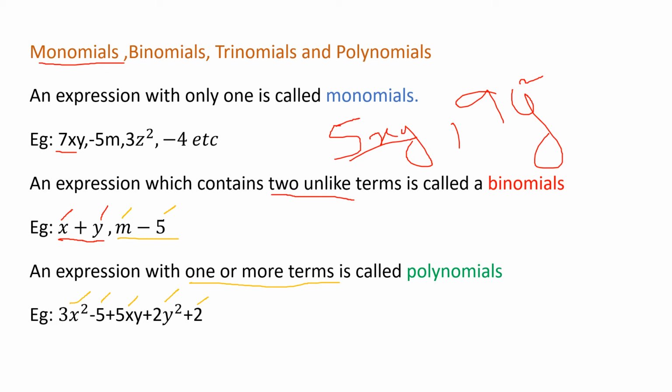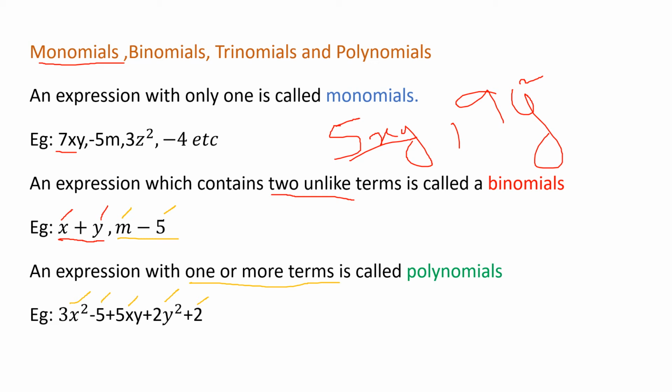In simple words, we can say an expression with one or more terms. If you have more than three terms, it is a polynomial. If you write three terms also, we'll say it as a polynomial.